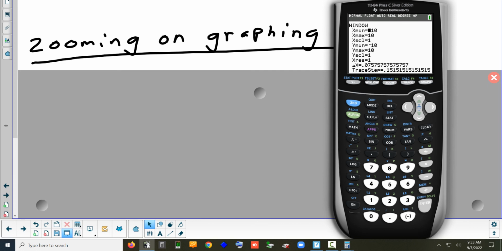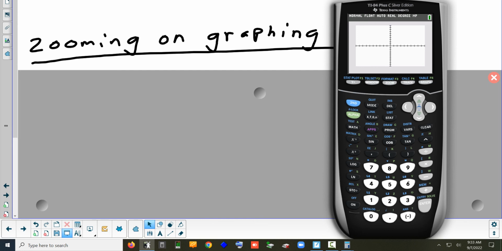We can set all those numbers automatically without typing them in. The way you can set all of them to -10 to 10 is press zoom, and then the sixth option down is standard. So do zoom, and then press 6. When the yellow circle is spinning in the upper right, that means it's doing something. When it's done spinning, it's done.